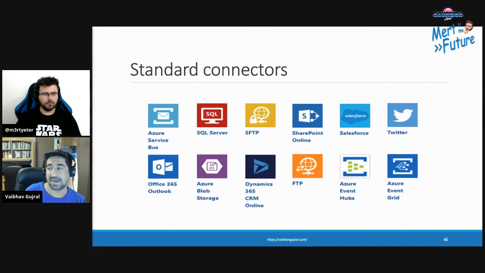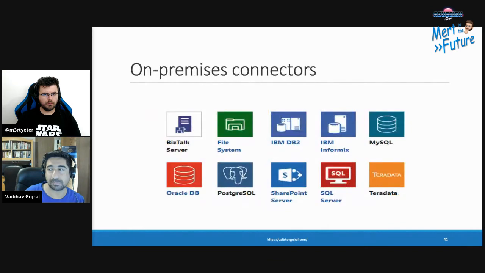Several other standard connectors are available through which you can connect your Logic Apps with different other services, not just specific to Azure, but outside Azure too. You can connect your Logic App with Azure Service Bus, SQL Server, SharePoint, Salesforce, Office 365, storage accounts, and event hubs. You also have connectors for FTP, SFTP, and so on.